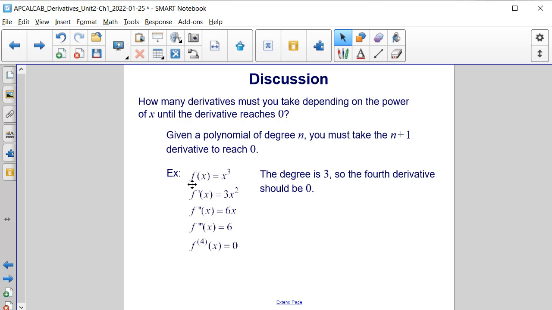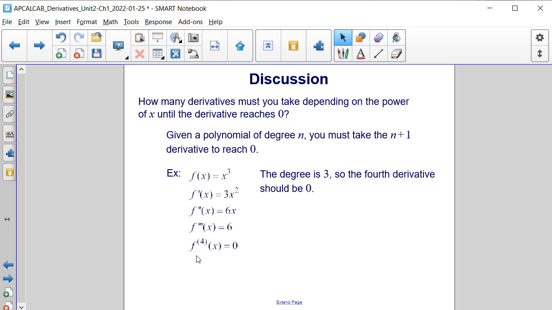So for example, if we started with f of x is equal to x cubed, the degree is 3. If we continue to take the derivative, the first derivative would be 3x squared, the second derivative would be 6x to the first power, or 6x. The third derivative would be 6x to the 0, or just 6. And then the derivative of 6, or any constant, would be 0.